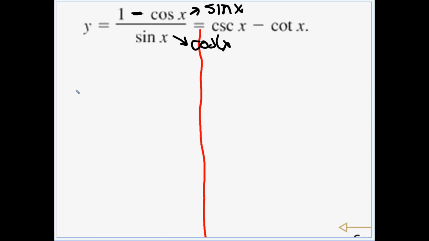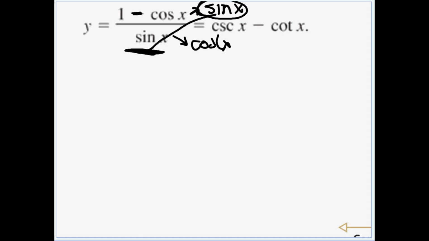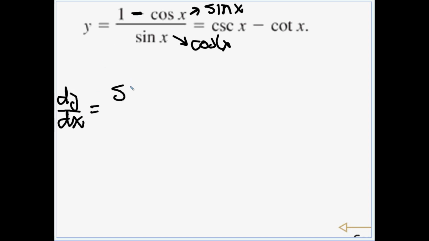So if we start doing the quotient rule on this side, we've got low d high. Low is sine times d high is also sine. So that will be sine times sine. dy dx equals low d high. Sine times sine is sine squared. Low d high minus.